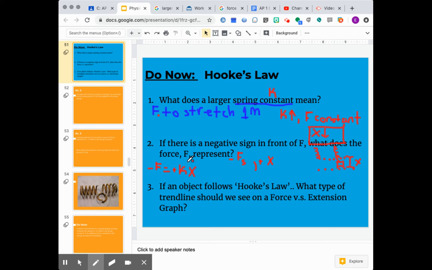Last conceptual question. If an object follows Hooke's law, what type of trend line should we see on a force versus extension graph? Based on the verification activity that we did in class on Tuesday, the force versus compression or stretch graph will be a linear trend line.